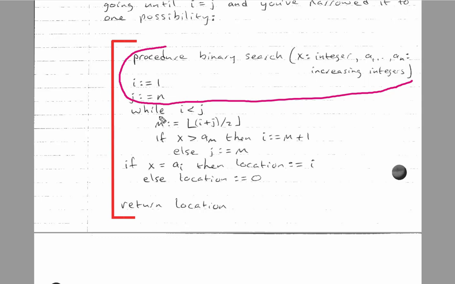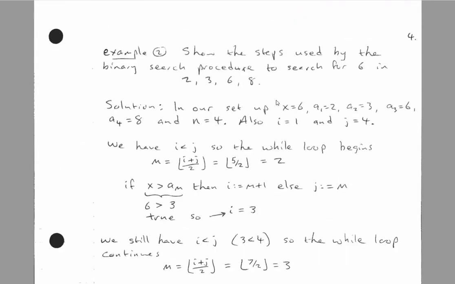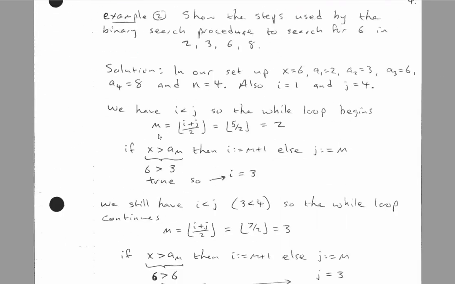Then we get going in the while loop. 1 is less than 4, so we start doing this. Calculate m. 1 plus 4 is 5. 5 divided by 2 is 2.5. And the floor of that, going down to the next integer, is 2.